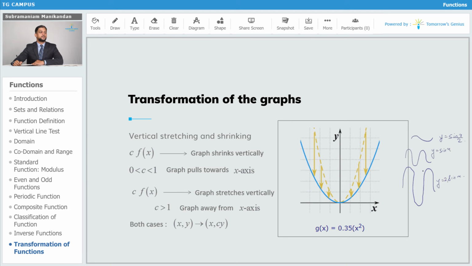So that is how the stretching and shrinking of the graphs work. This figure shows the example of f(x) is equal to x square and g(x) is equal to 0.35 x square. The blue graph shows y is equal to x square, and the yellow colored graph shows y is equal to 0.35 x square.